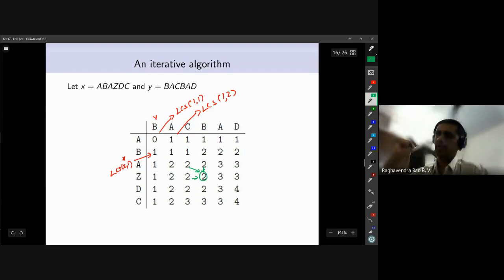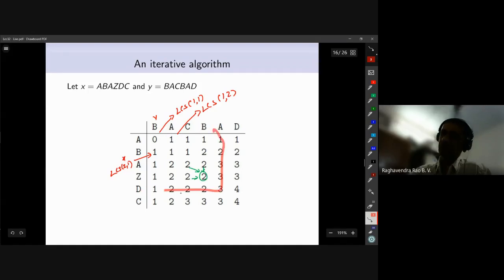For example here, this is D and A, so you cannot take the diagonal value and add it. You look here and here, take the max, so 3. For example here, B and B match, so you go diagonally up, go one value back and add, so you get 2. That's the only possibility.